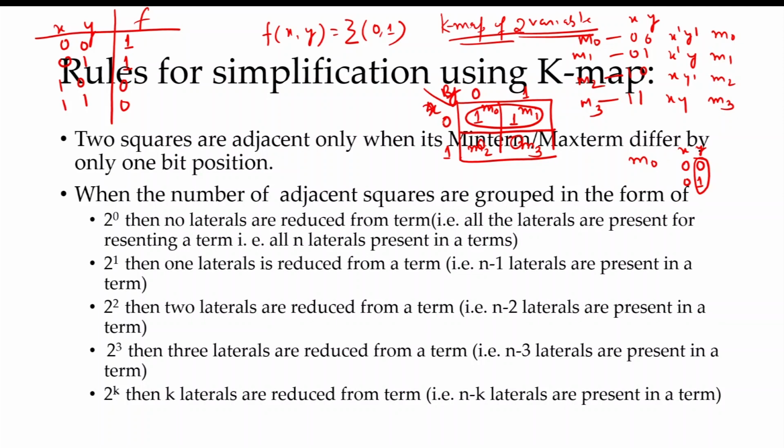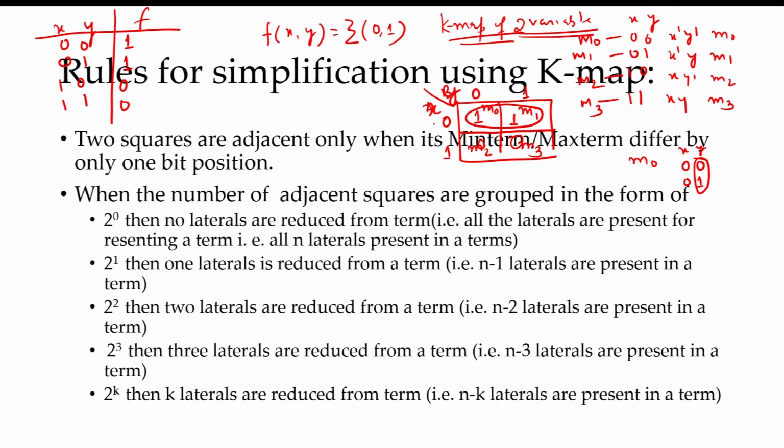Here we see that the value of x is fixed, whatever the value of y. When the value of y is 0, the output is 1. When the value of y is 1, the output is 1. But when the value of x is 1, the output is 0, not 1.